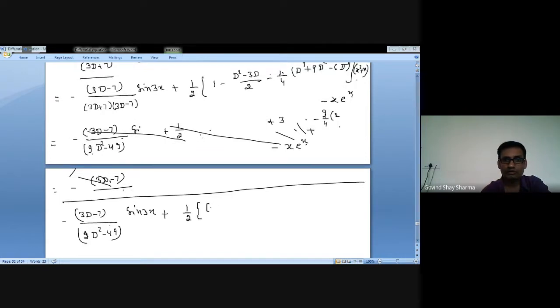Here we take inside x square plus x minus half. D square becomes 2, plus 3 by 2, 2x plus 1.